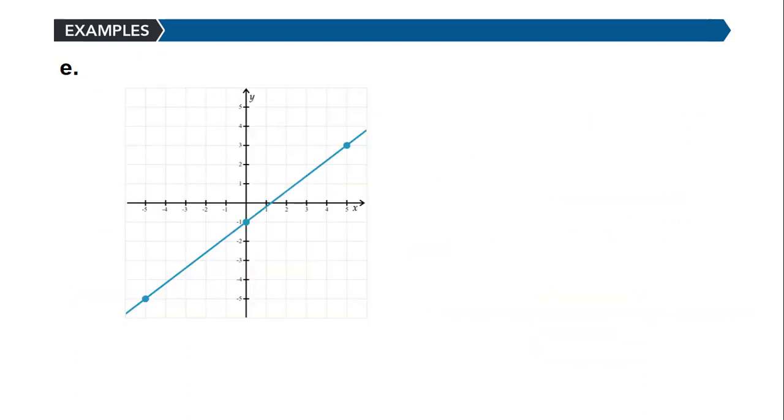And then the last example I have is to find the slope given a graph. And I have a graph that goes through the points (-5, -5), (0, -1), and (5, 3). So if I want to find the slope of this line, I'm going to find the slope between (5, 3) and (0, -1). I need to identify any 2 points on the graph of the line, label them x sub 1, y sub 1, and x sub 2, y sub 2.